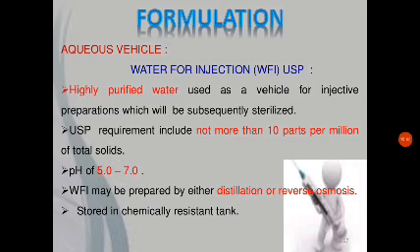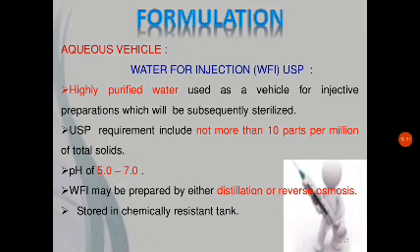Then we'll move into the formulation requirements. You have different types of ingredients needed for formulation of injections. The most common ingredient is a vehicle. There are two types of vehicles: aqueous vehicle and non-aqueous vehicle. Aqueous vehicles include water for injection, sterile water for injection, and bacteriostatic water.